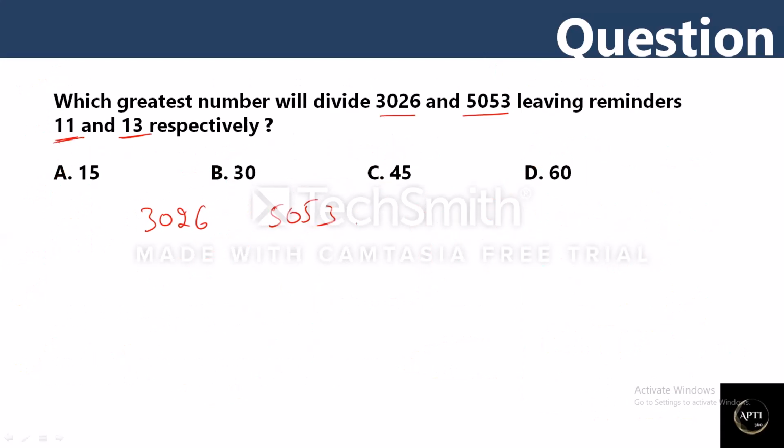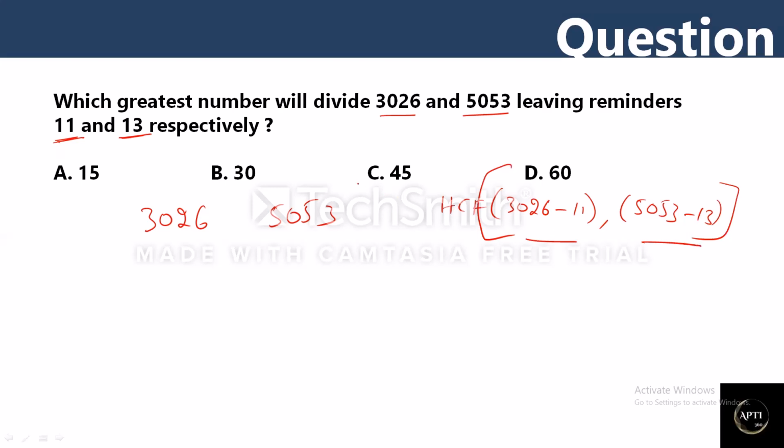The process is the highest common factor of 3026 minus 11, comma, 5053 minus 13. If you calculate the highest common factor of these two numbers, that will be your answer.